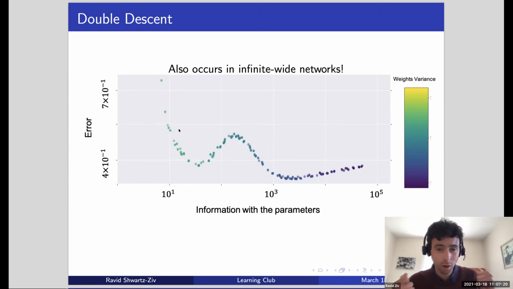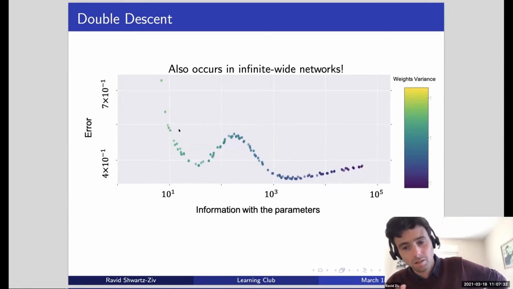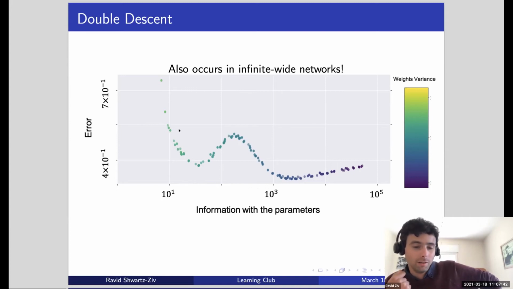It's an infinitely wide neural network. So at least in this case, it's not the number of parameters or the number of neurons that matters, it's the information in the parameters that affects your error, and you will see this double descent because you store more information with the parameters.